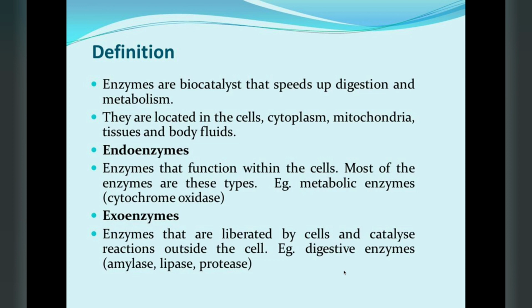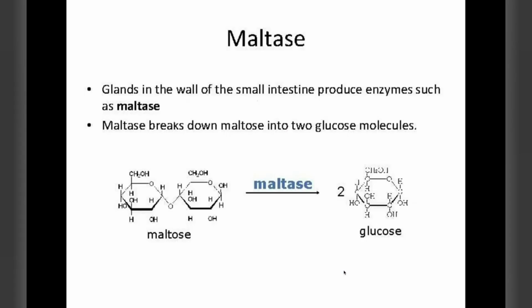belong to this category. Now we have learned about what are enzymes, what is their importance, what are their functions, where are they located, and what are their classifications and examples as well. So I hope you understood this. Now we'll see what is maltase.